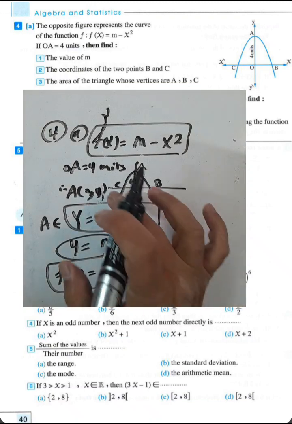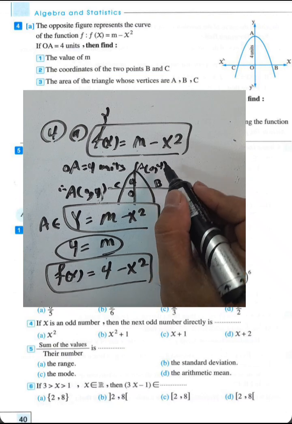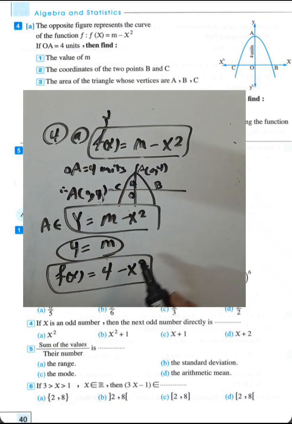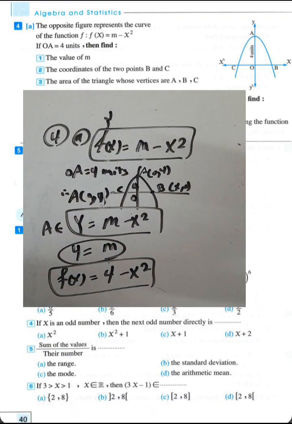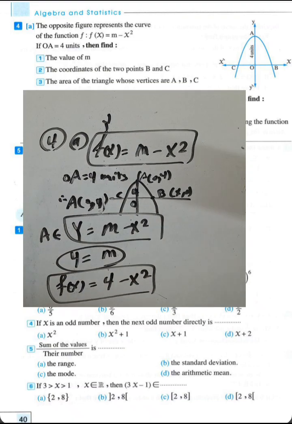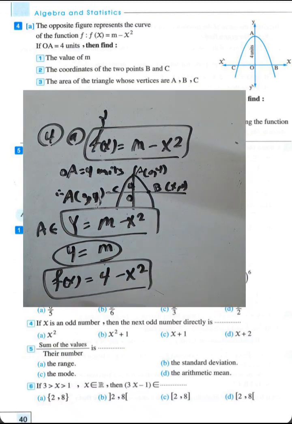We have C and B, and the vertex here (0, 4) falls on this curve, so it satisfies this equation. This point will be (x, 0) and here (negative x, 0). We can find the point by putting (x, 0) into this function, because it satisfies the equation.